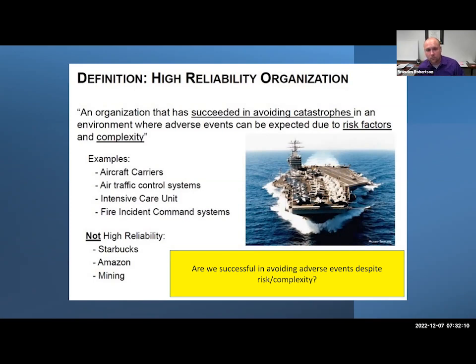They are preoccupied with failure, and our folks who work in a highly reliable industry or organization are continuously preoccupied with failure.